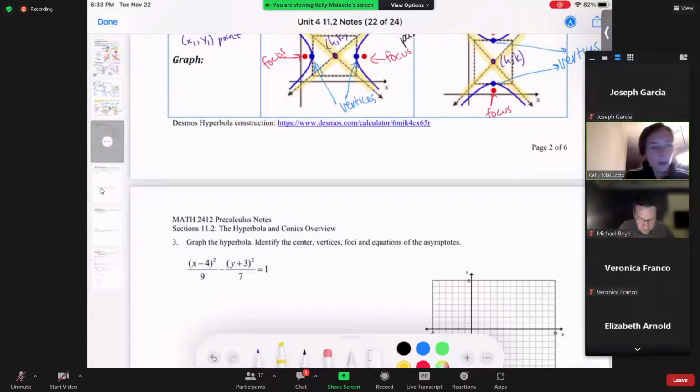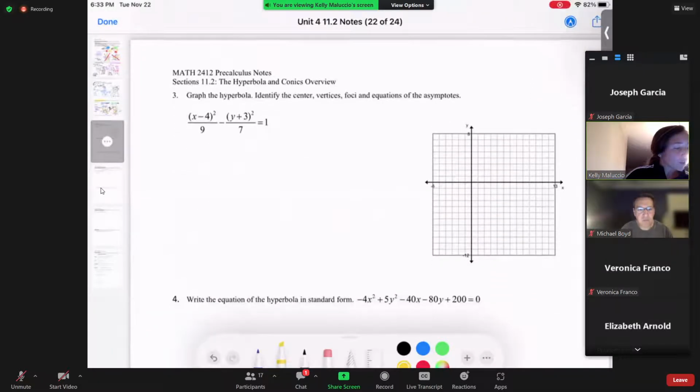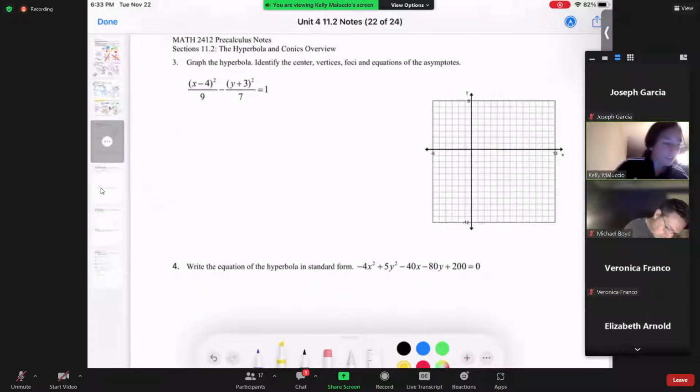Okay. So number 3 says graph the hyperbola, identify the center, vertices, foci, and equations of the asymptotes. We've got a lot to do, but this formula gives us almost everything we need, right? So first, I see that X is first, so I know it's horizontal.